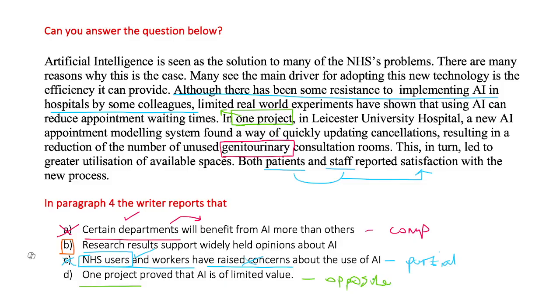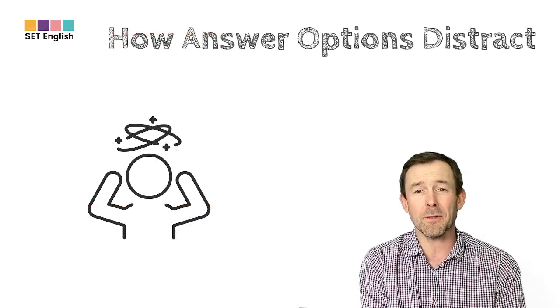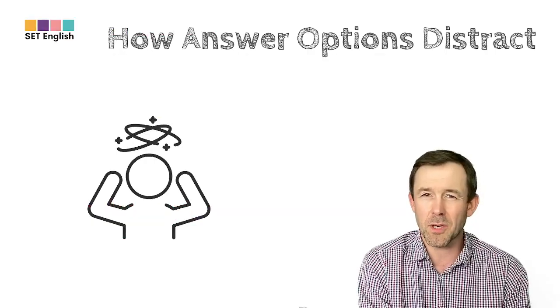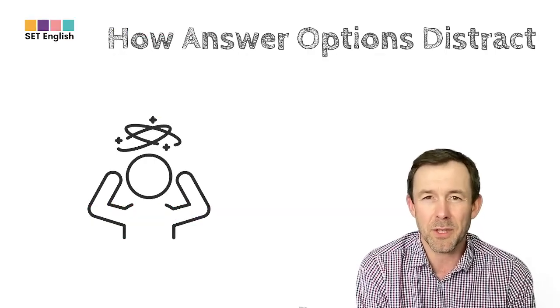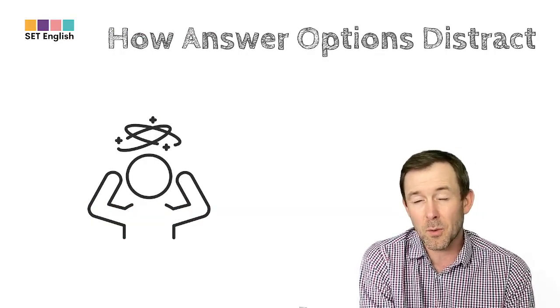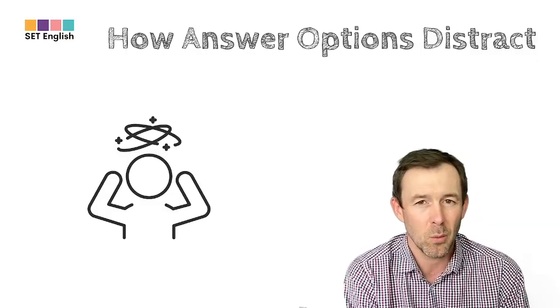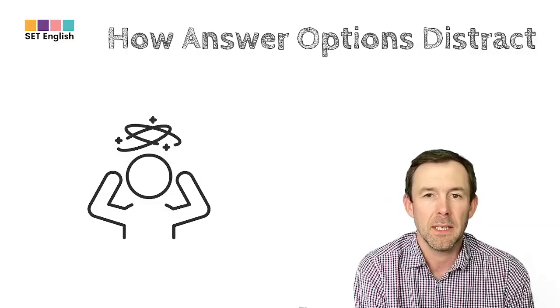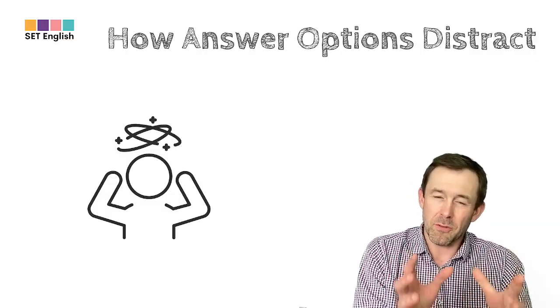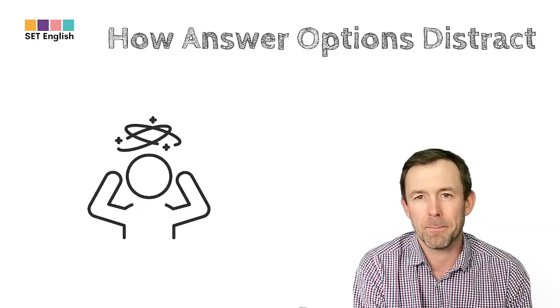Now, there are other types of distractor as well. There are different ones that we often find. If you go through a couple of reading Part C texts and questions, you'll find a range of different ways that they can confuse you. But that's what they've done. We've got to have this attention to detail.